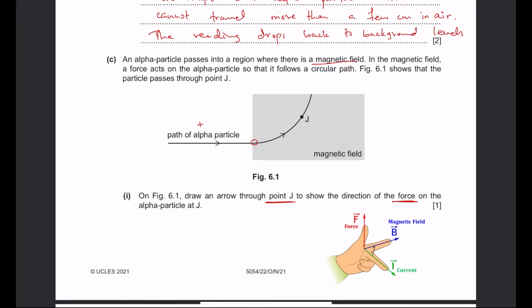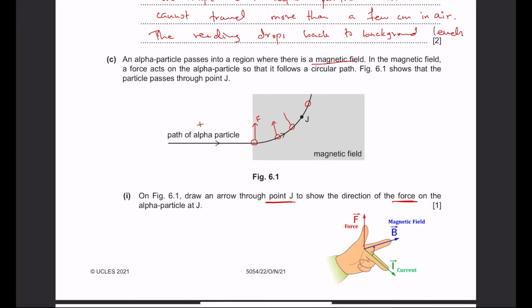But here is the thing about magnetic fields. When the alpha particle is here, the force will definitely be upwards. But as the alpha particle keeps changing direction, the force also keeps changing direction. And the thing about magnetic fields is that they always exert a force at 90 degrees to the path of the particle. So when the particle is around here, the force might be something like this.